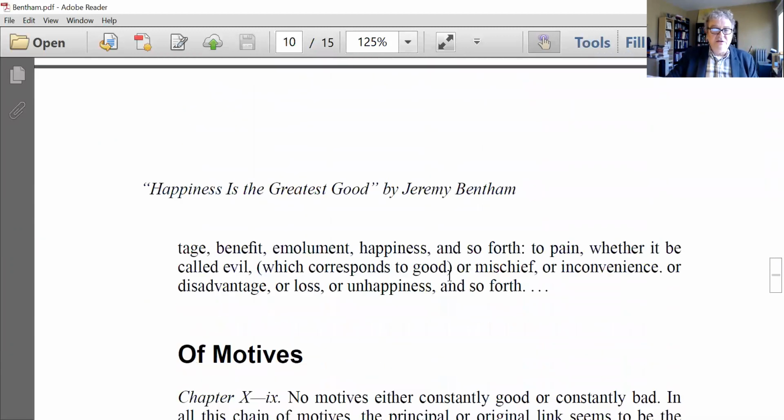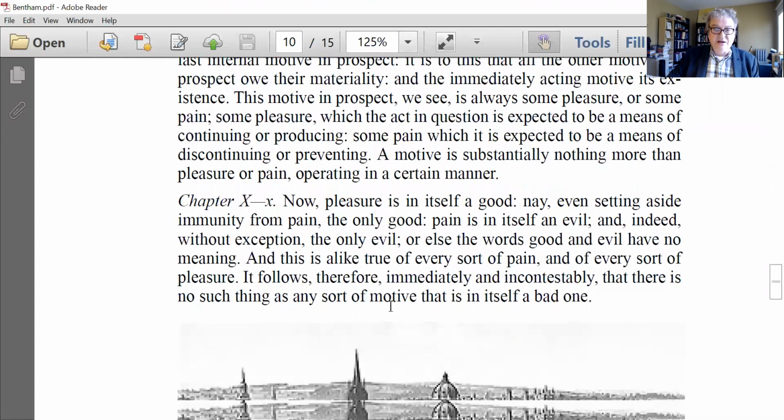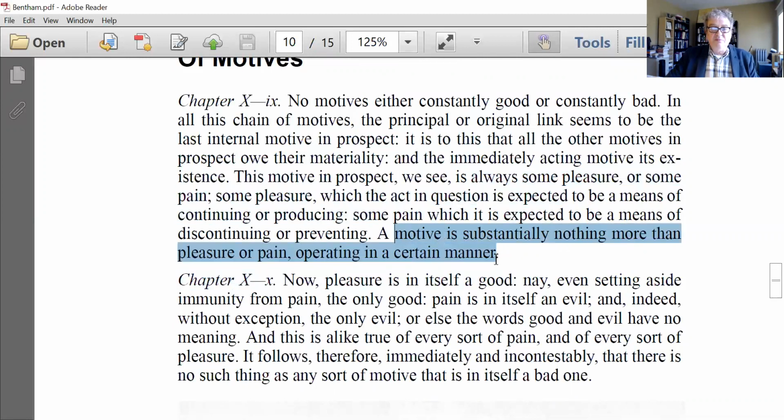So finally, he talks a bit about motives. He says no motive is either constantly good or constantly bad, and he discusses his reasoning. Every motive has either some pleasure or some pain, and so a motive is substantially nothing more than pleasure or pain.